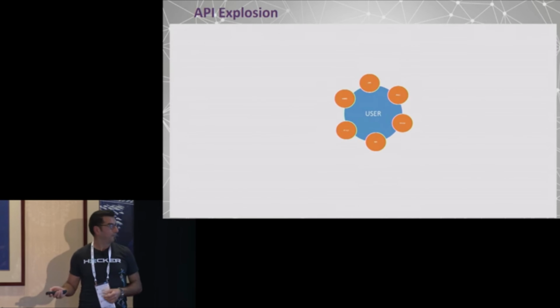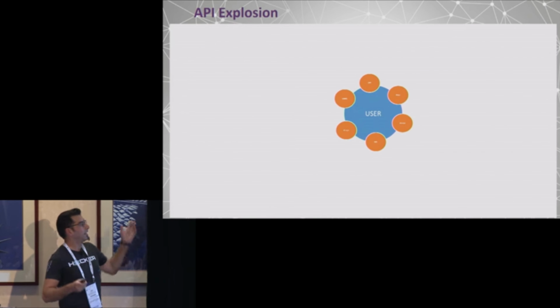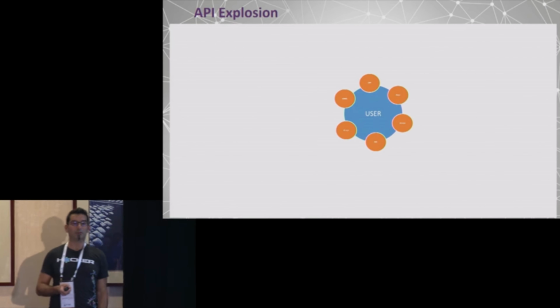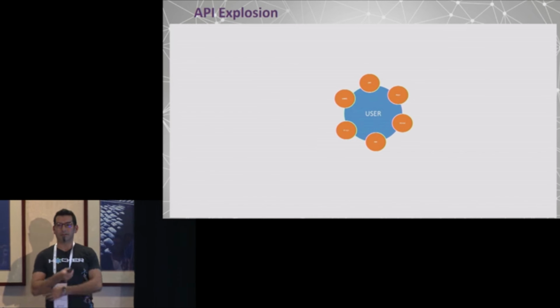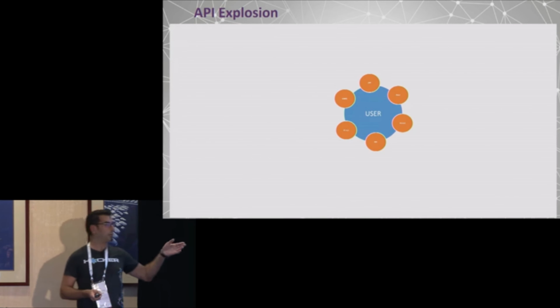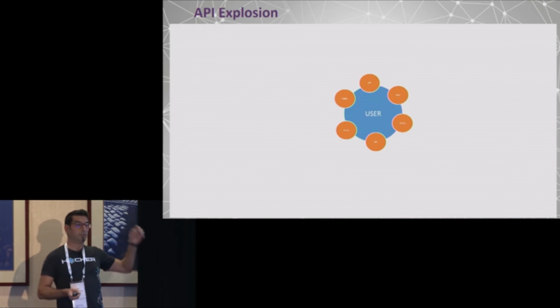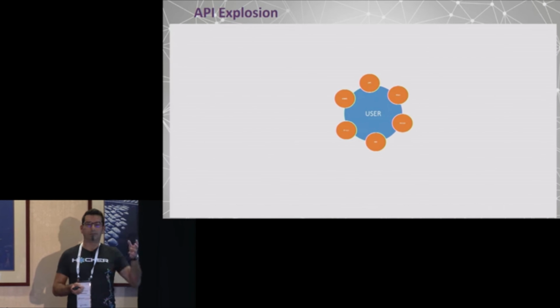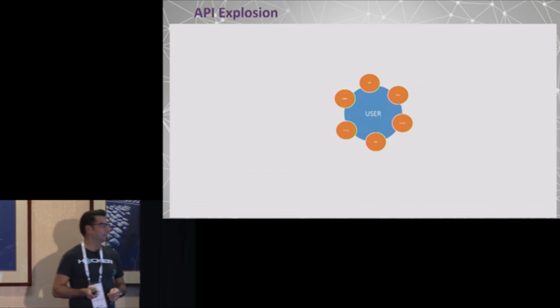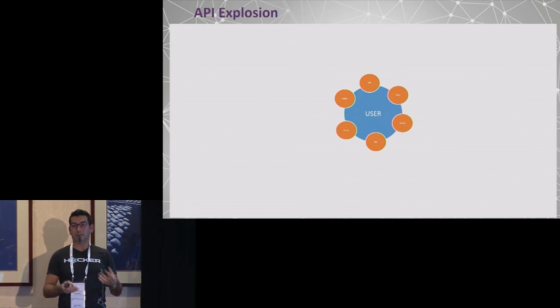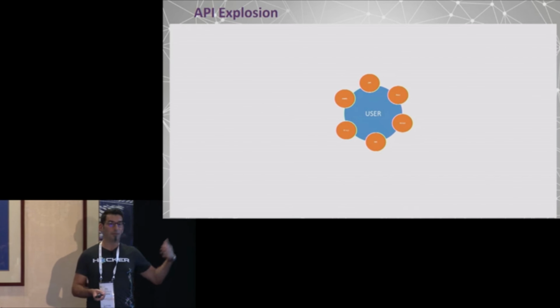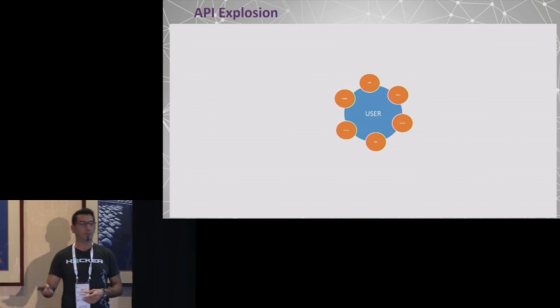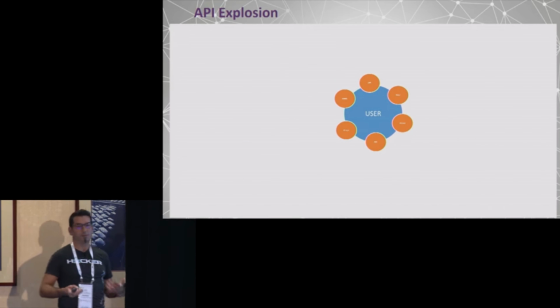The last problem is what I call the API explosion. And I'm sure you're all familiar with that. Every organization nowadays has a bunch of APIs. Every one of the entities, every one of the nodes in that graph, or entity types, or node types or labels, requires a bunch of APIs in order to maintain them. So you need to be able to get a user, the user needs to be able to change their password, et cetera, et cetera.